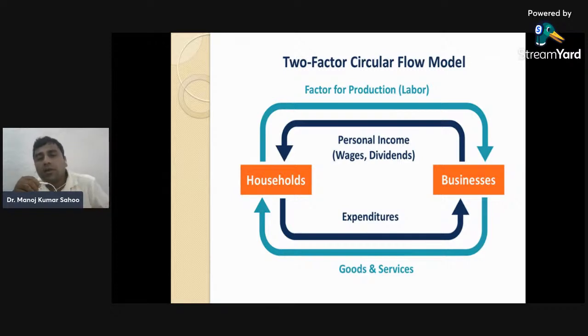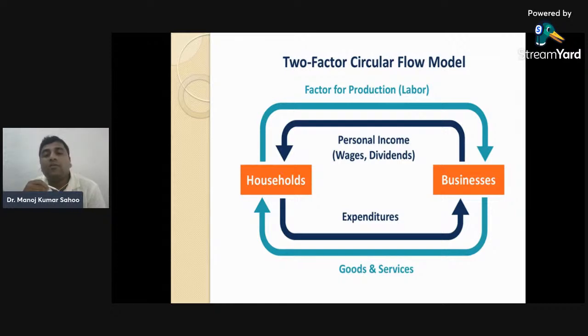Okay, जब हमने लेबर बिजनेस को और कंपनी को और फार्म को सप्लाई किया, तो इन रिटर्न कंपनी ने हमें पर्सनल इनकम दे दिया, दैट इज इन टर्म्स ऑफ वेजेस और डिविडेंड्स. डिविडेंड्स मींस कंपनी ने प्रॉफिट का एक पार्ट हमें दे दिया. सो सिमिलरली हाउ बिजनेस इज रिलेटेड टू हाउसहोल्ड सेक्टर्स. बिजनेस प्रोडक्शन करने के बाद हमें गुड्स एंड सर्विसेज दे दिया, इन रिटर्न वी पे फॉर दैट.